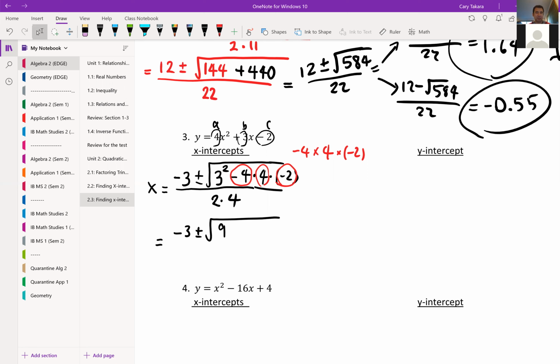Well, negative times negative is going to be positive. So you end up with a positive 16 times 2, which is 32. You get that? Over 8. So your answer is negative 3 plus minus square root of 41 over 8.